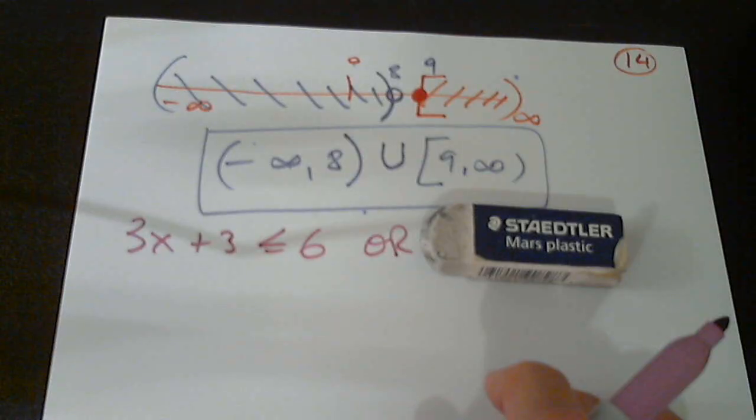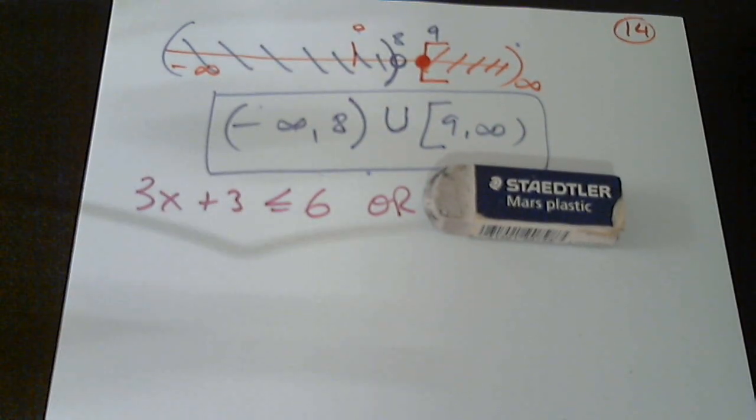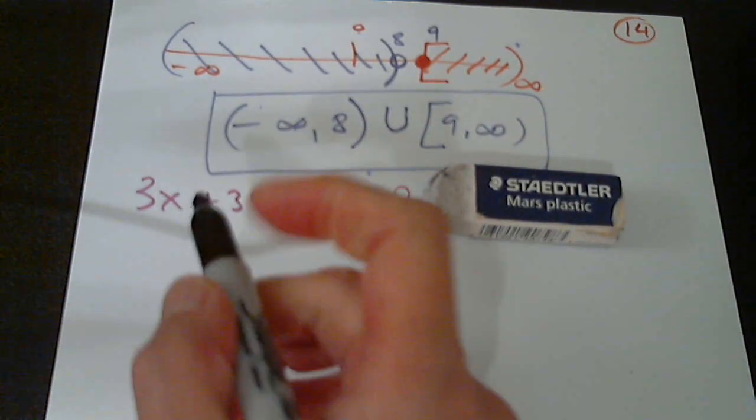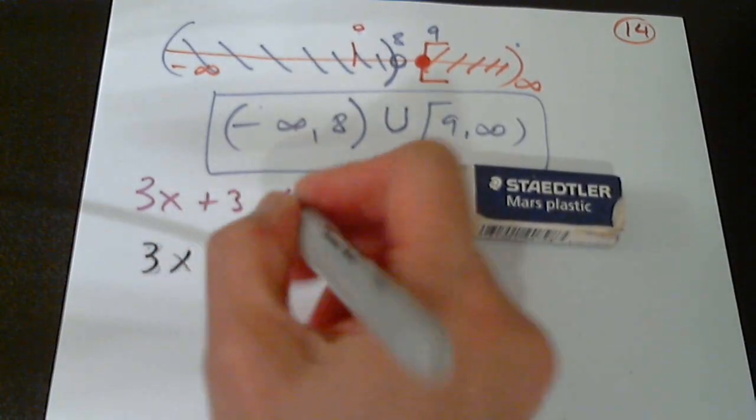These are separate inequalities. How do I solve the first one? What should I do first? This we know, because this is simple. What will I do first in here to solve for x? Minus 3 on those sides? Of course, because I'm moving 3 to the other side.